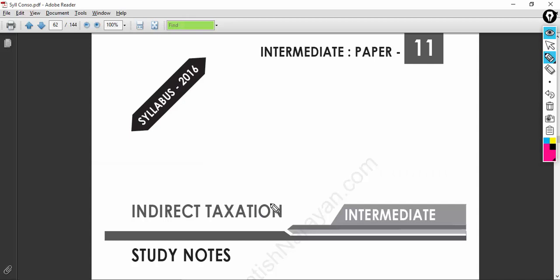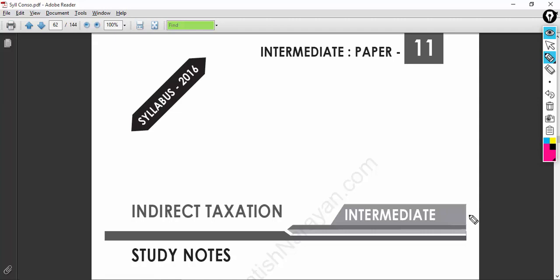But in the current scenario, which is the GST era, you will not have much worry in indirect taxation, because you just need to know two important things. One is the GST, which everyone knows, the goods and service tax. The other one is the customs laws.